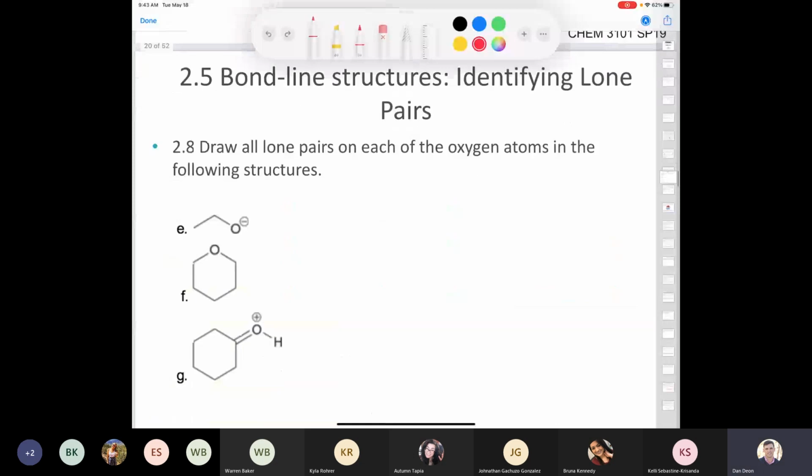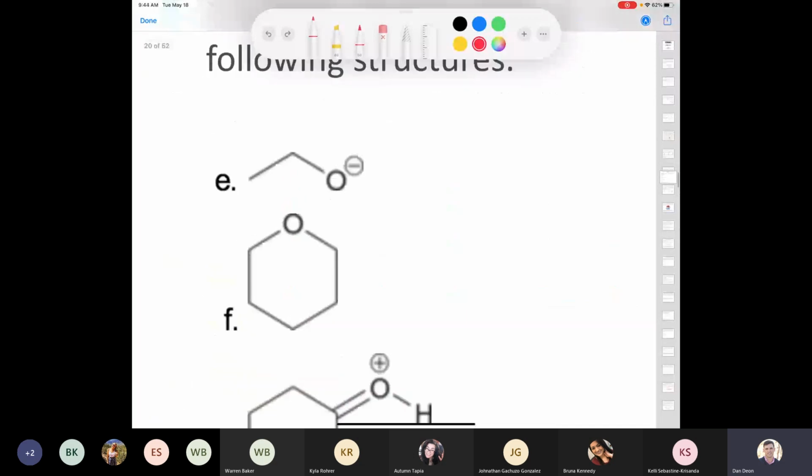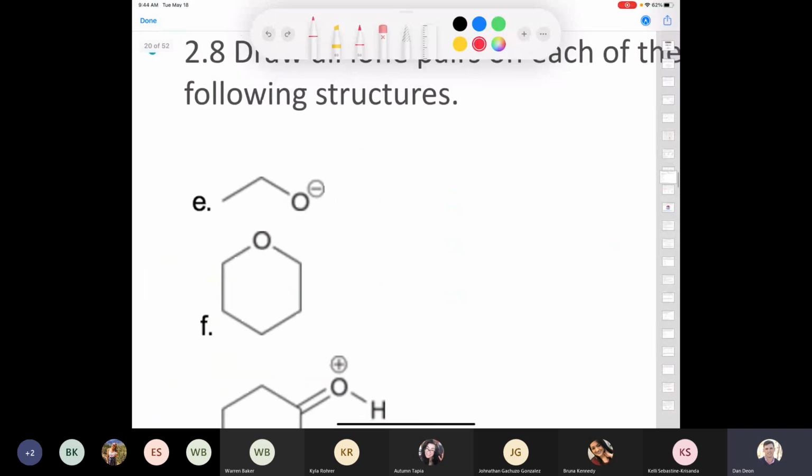And with that in mind, let's see if we can identify some lone pairs on some of these molecules and ions. So if we start with E, you see that we have an oxygen with a negative charge. So if I redraw the ion over here, okay, if the oxygen has a negative charge on it, the lone pairs are left out.